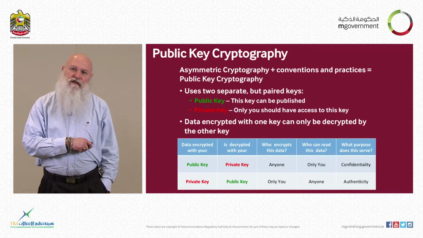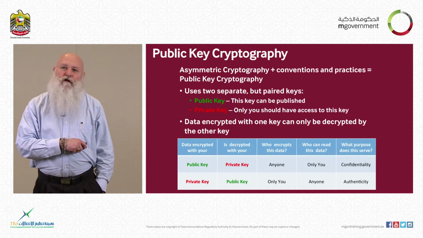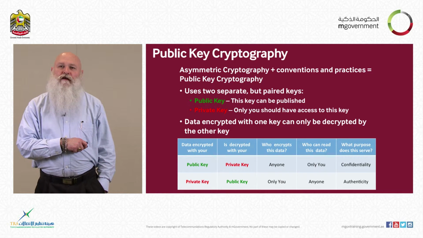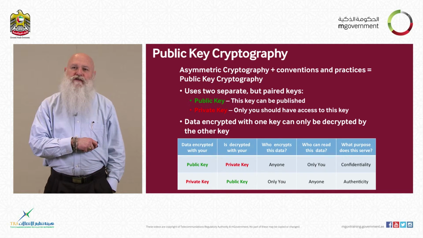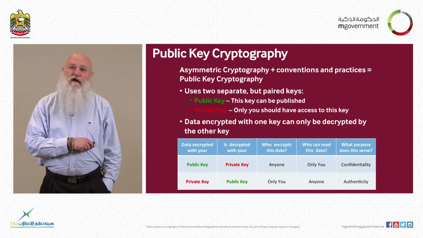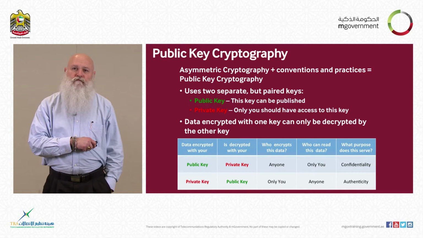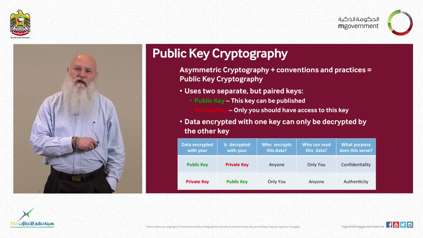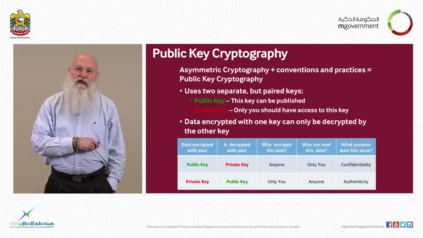I can combine these two properties for a further goal. If Alice wishes to send a message to Bob so that only Bob can decrypt it, but also provide a guarantee that Alice and only Alice sent the message, she would do the following. She would encrypt the plain text with Bob's public key.